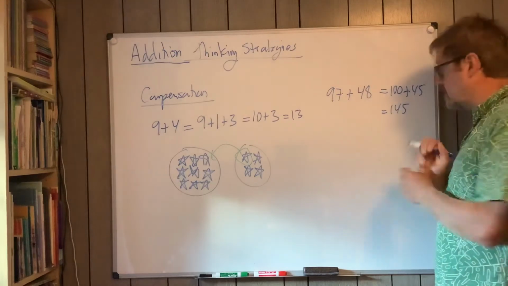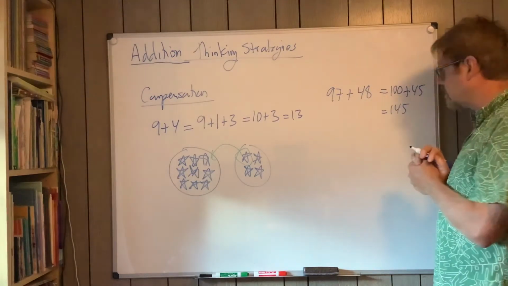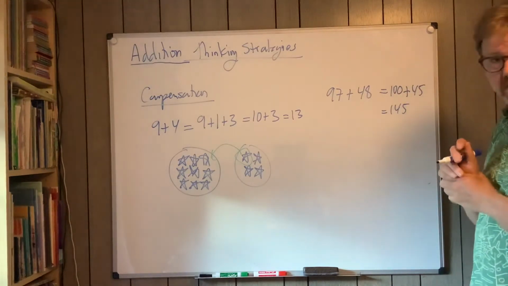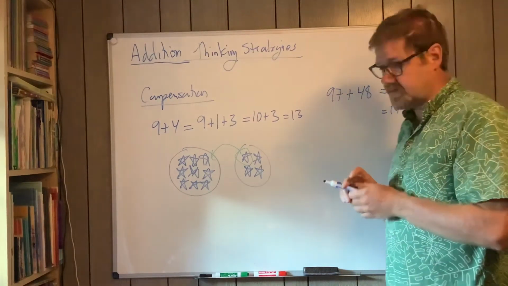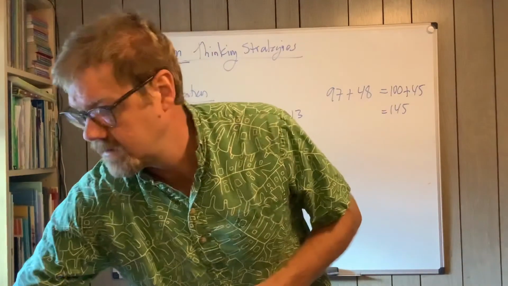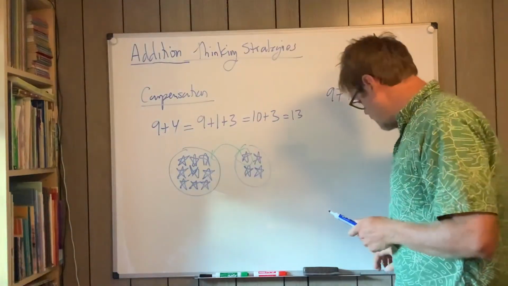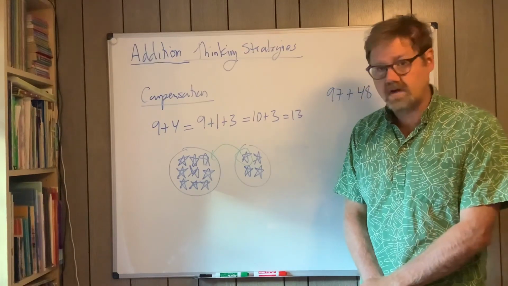That is 145. So this falls into mental math: how do I add these things in my head? This is an easy way to do it. So we've got compensation. Okay, and I think that wraps up what I want to talk about with addition.